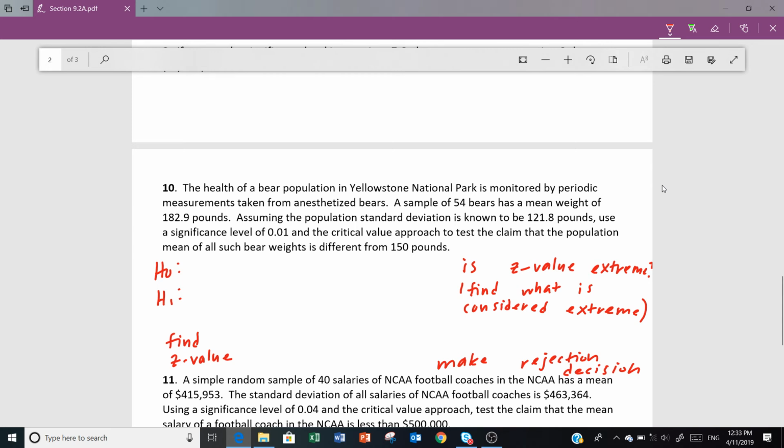Okay, so these are the extreme Z values, but I want us to find the Z value too. We take the sample mean. So how do we find it using the Z score?